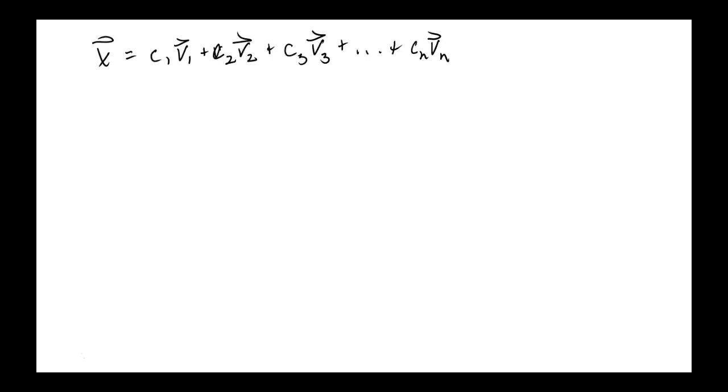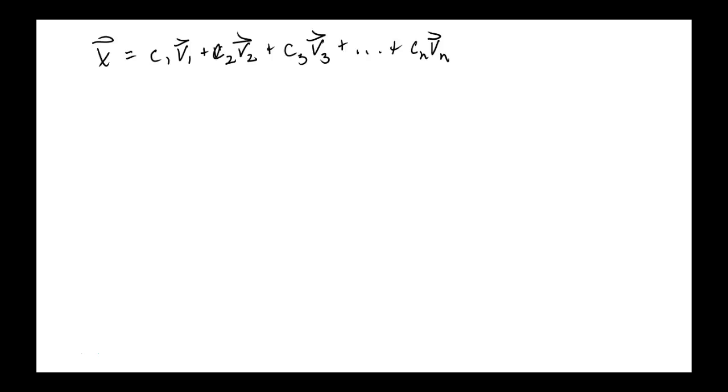If you can do that, and generally you can, if there's a set of v1 through vn such that you can write any old vector x as a linear combination of those, then I'll be applying meaning to that later, okay?